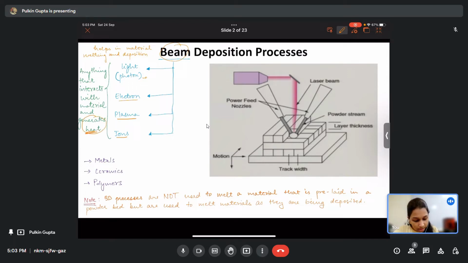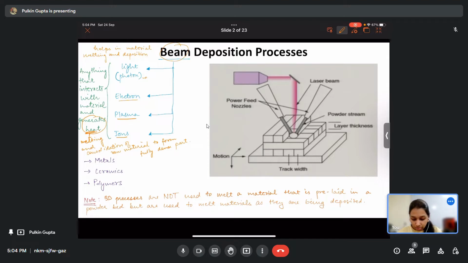And this heat is then responsible for melting and consolidation of raw material to form a fully dense part. So these are the different kinds of beams that are used and what they do.